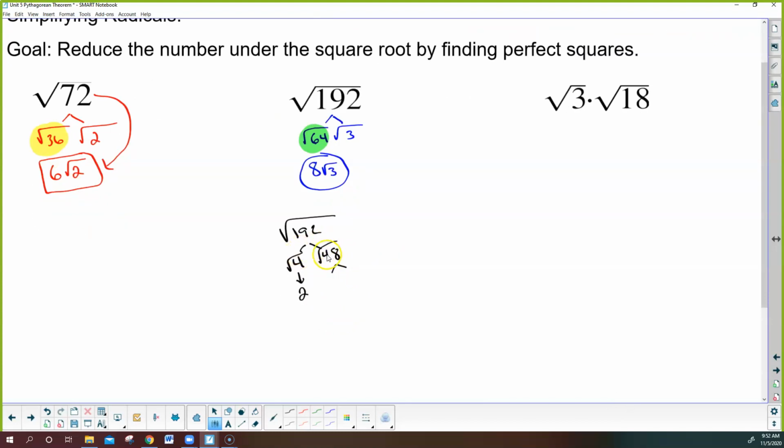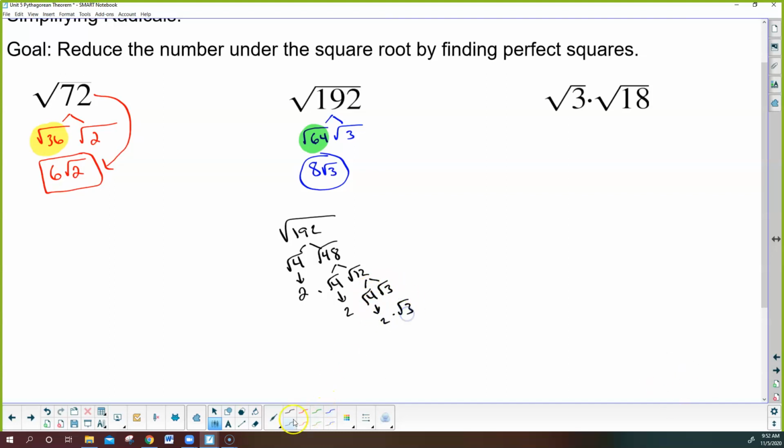Oh, wait a minute. Doesn't 4 go into 48? Yeah, so then that means I have another 2. Now, this is the long way to do it. You'll see why picking 64 is better. But then, oh, wait a minute, 12. Doesn't 4 also go into 12? Yeah, 4 goes into 12 3 times.